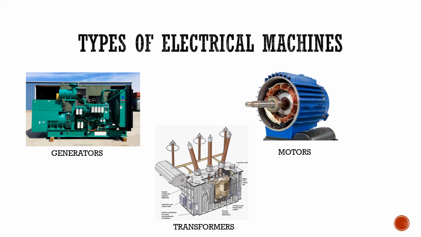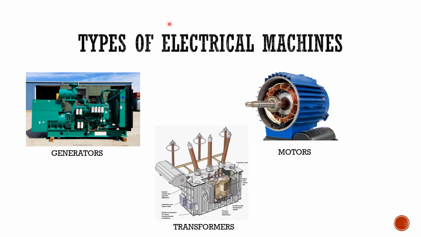So there are basically three types of electrical machines. The first one that we've talked about is the generator, which converts mechanical energy into electrical energy. We have the motor, which converts electrical energy into mechanical energy. And last, we have a transformer. The transformer is a kind of electrical machine, but it does not have moving parts.